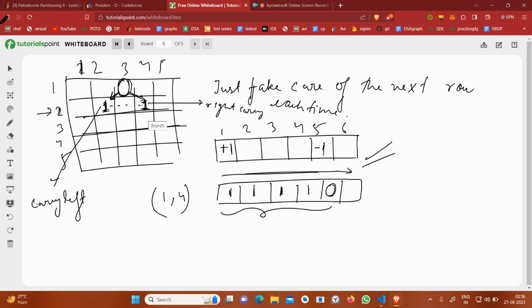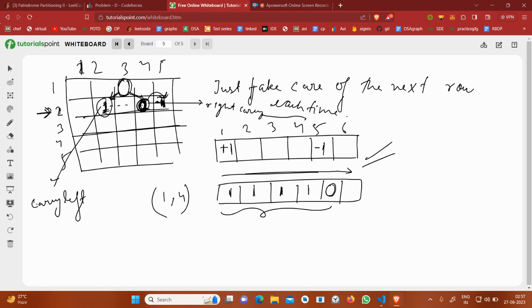So now when I arrive at row 2, I will make 1 here. Obviously I will make it 1, and I will also see that here is 1. So I will make the cell next to this column -1, according to this concept.